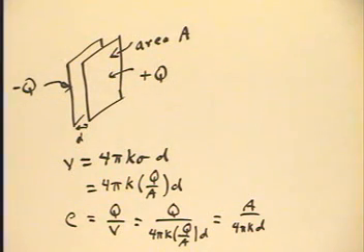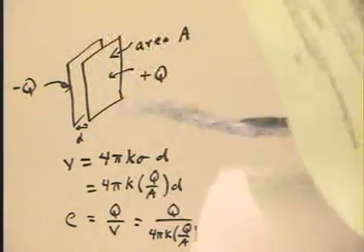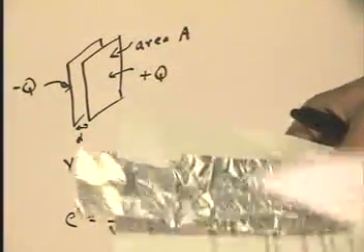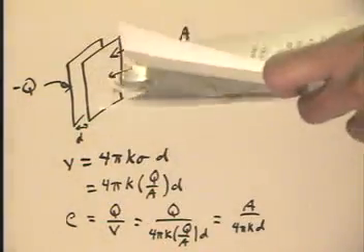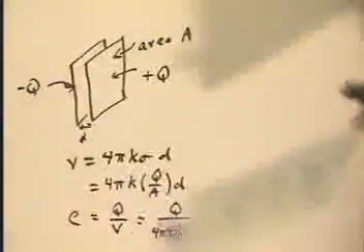Alternatively, we can take metal. Okay, here's a piece of aluminum foil. We can make a perfectly good capacitor out of this piece of aluminum foil and two pieces of paper. I say it's a perfectly good capacitor. It's not going to be a very large capacitor, but I can take this foil, sandwich it in between two pieces of paper, smooth everything out, and curl it up.